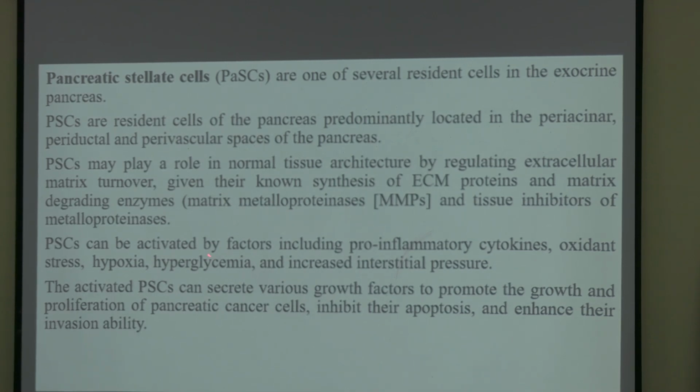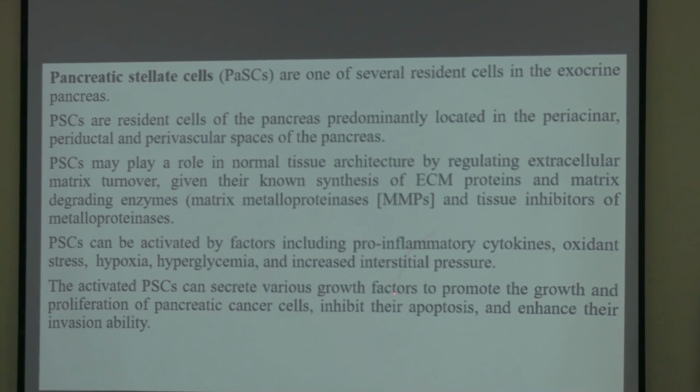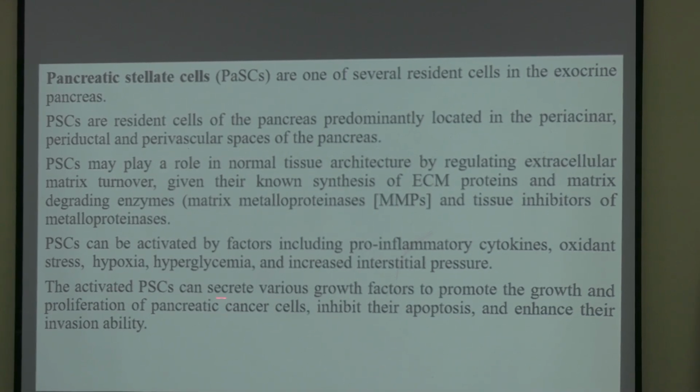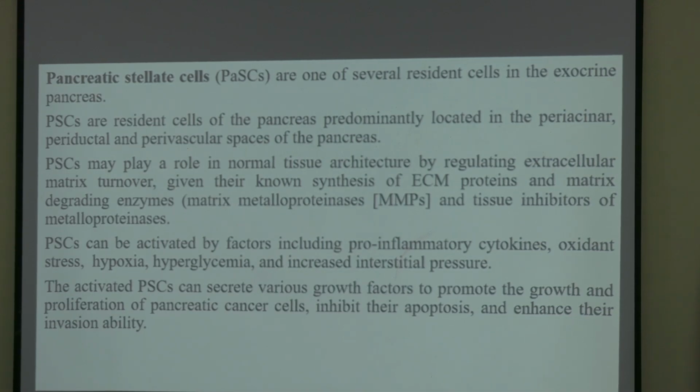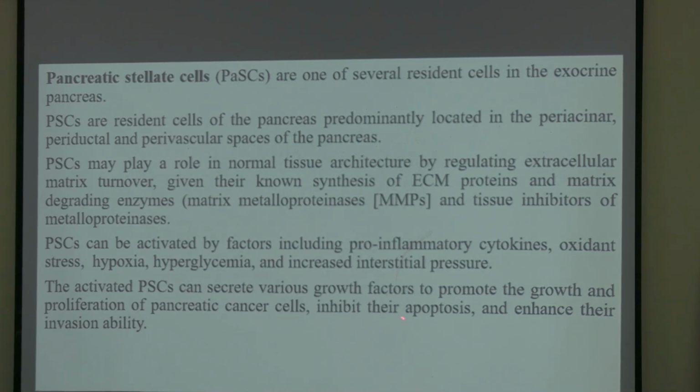Now there are some cases, for example pro-inflammatory cytokines, increased oxidative stress, hypoxia, hyperglycemia, increased interstitial pressure, which can activate the cell. Then activated PSCs can secrete various growth factors, and those growth factors will cause the proliferation of pancreatic cancer cells, inhibit their apoptosis and enhance their invasion ability.